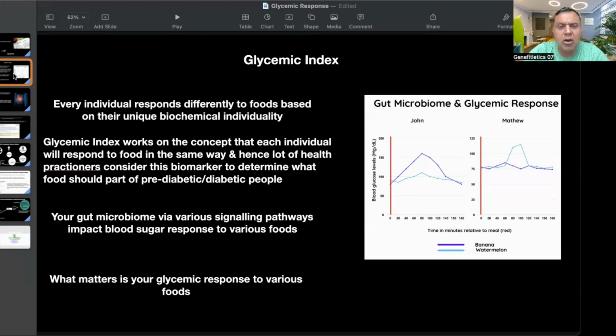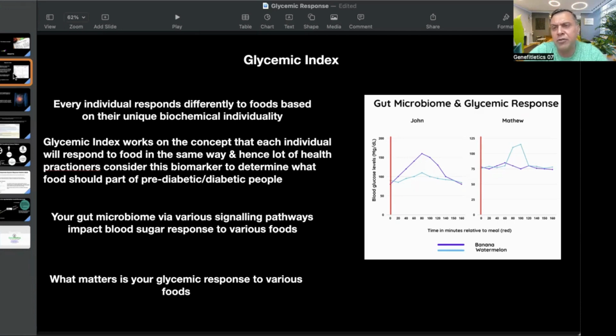So a lot of these microbes metabolize the molecular ingredients in the food we eat and convert them into good stuff or bad stuff, right? That impacts our glycemic response. So what we really need to consider is our glycemic response, our blood sugar response.